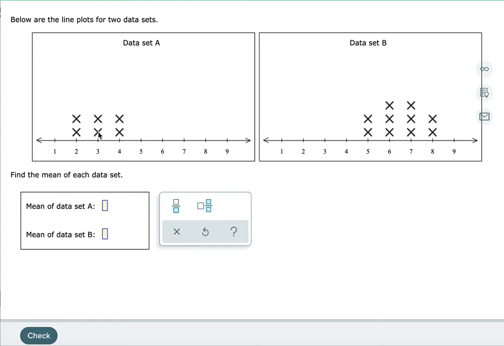And so when you have a symmetric distribution, you don't have to go through all that trouble. You can just figure out what your middle line of reflection, or line of symmetry, is, and that's going to be your mean. So for data set A, it is 3. And for B, it's the same thing.